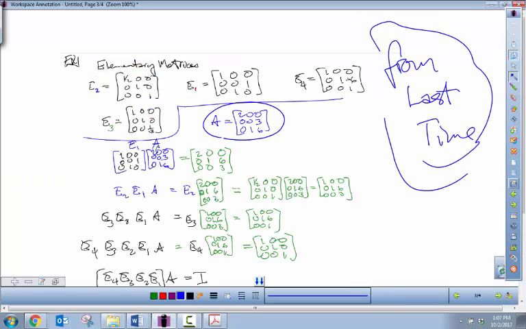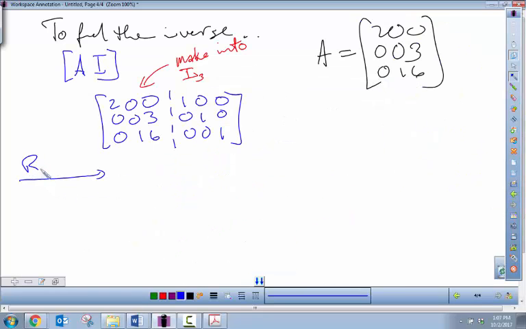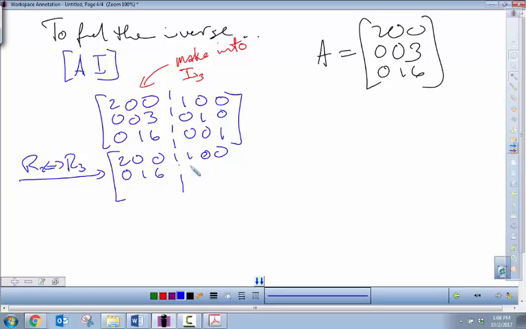Just to be exactly the same as before, the first thing we did was switch the second and third rows. So let's do it exactly the same way. We'll do the switch on the second and third row of this 3 by 6 matrix, and then we'll see the progression. 1, 0, 0, and then we switch: 0, 1, 6, 0, 0, 1, and 0, 0, 3, 0, 1, 0.